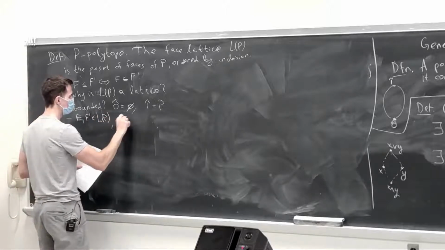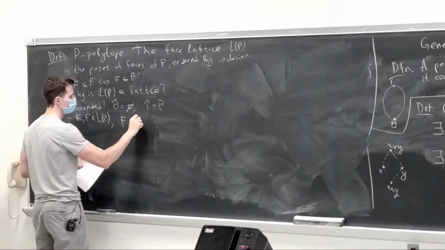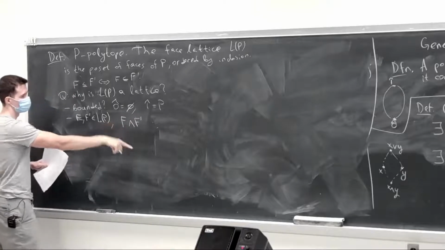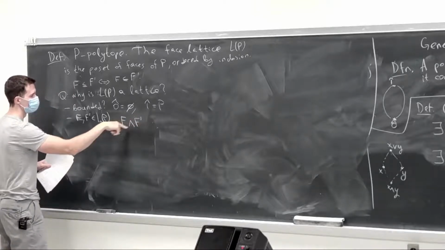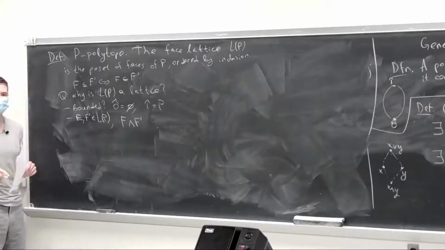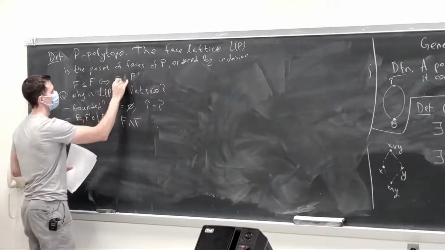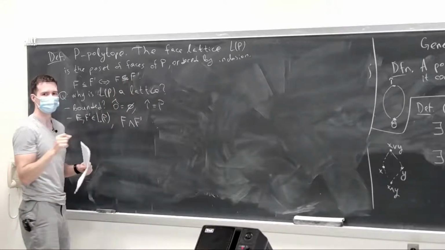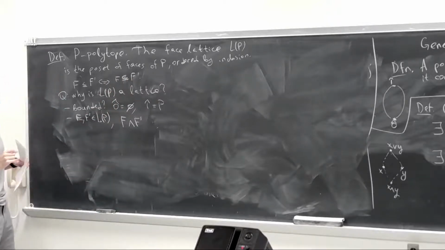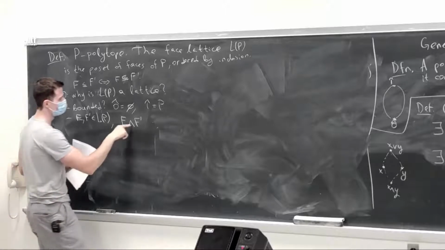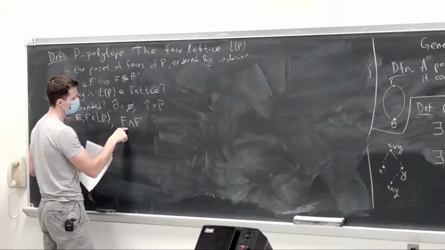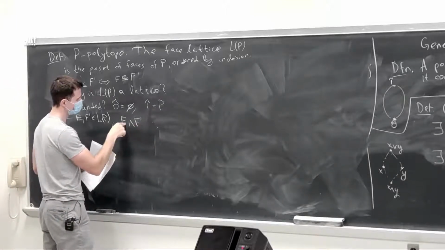So what is f meet f prime? Meet means it has to be smaller than each of them. So the meet of two faces is the maximal face that is contained in each of them.